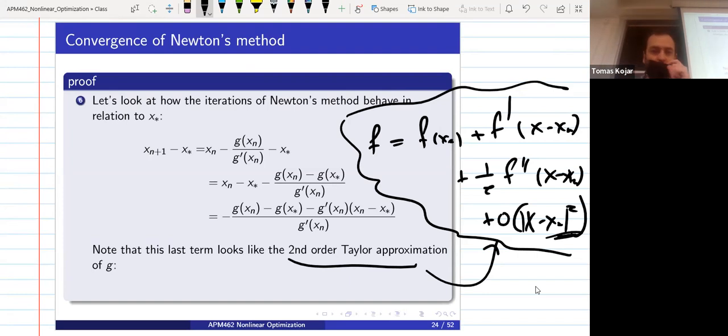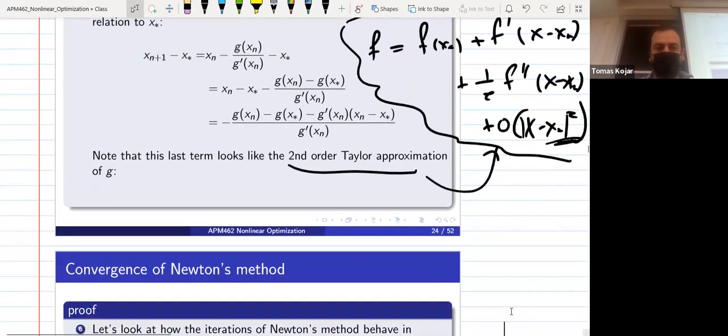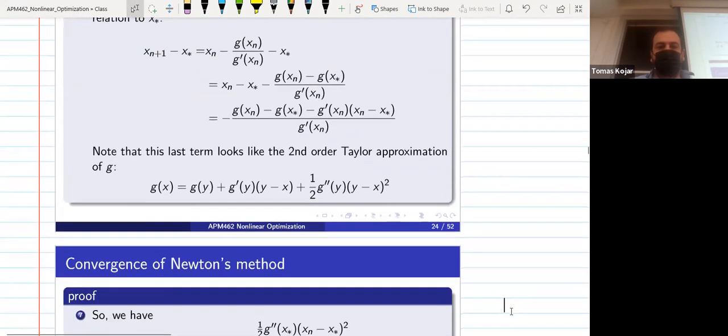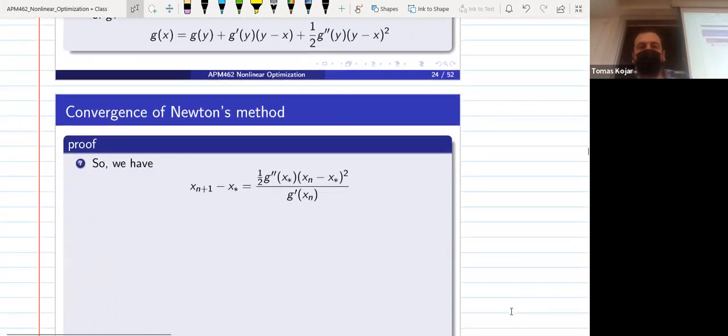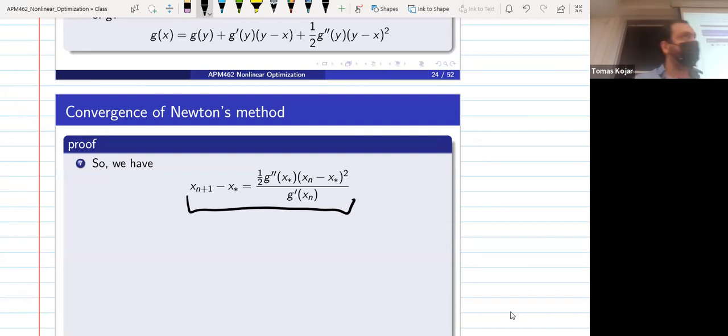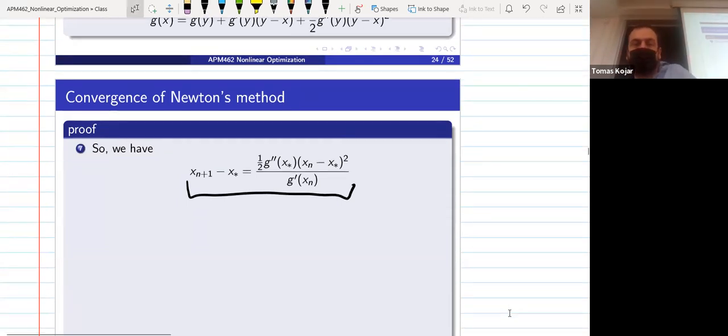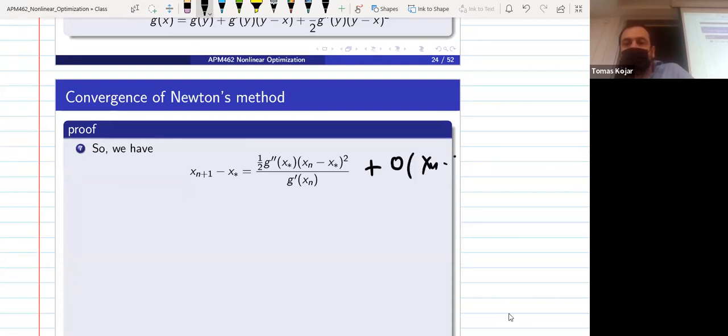So you plug that in, plus some error. You write the error: O of xn minus x star squared over G prime of xn.